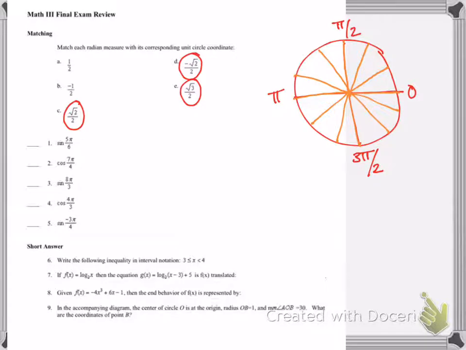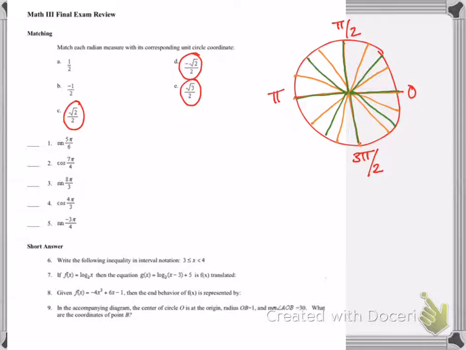And we also have pi over fourths. Pi over 4 is here, then 2 pi over 4, 3 pi over 4, 4 pi over 4, 5 pi over 4, 6 pi over 4, 7 pi over 4, 8 pi over 4.